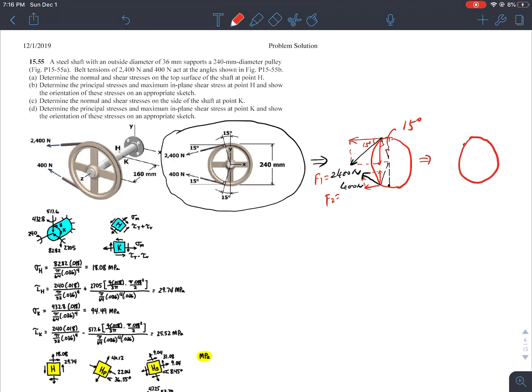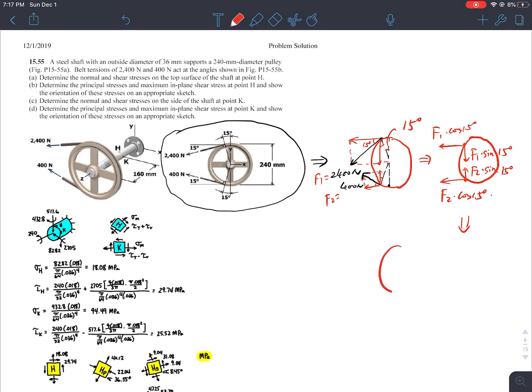Further, I can decompose in terms of F1 cosine 15 degrees and F1 sine 15 degrees. Correspondingly, I have F2. This is also 15 degrees, so F2 sine 15 degrees and F2 cosine 15 degrees.